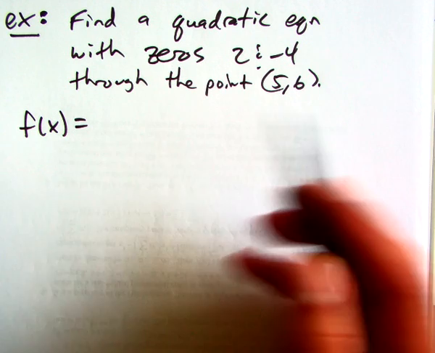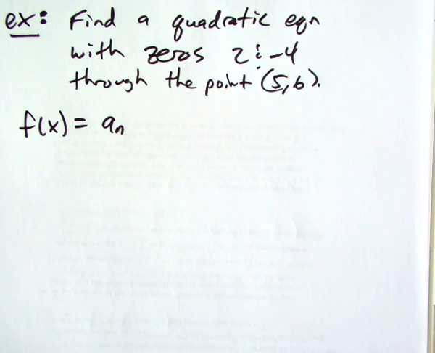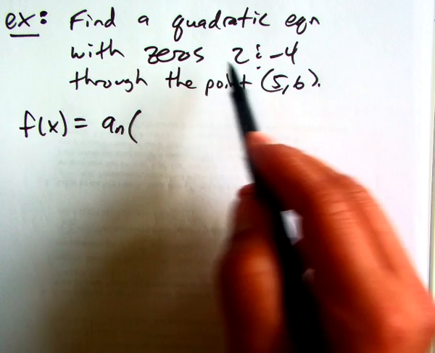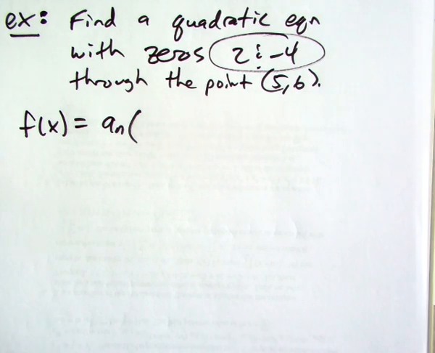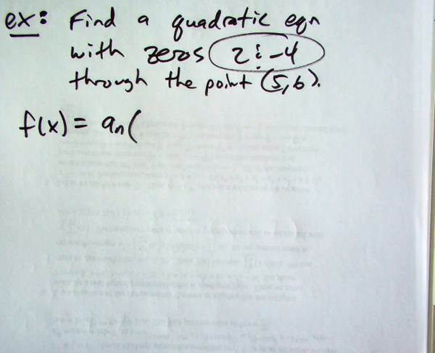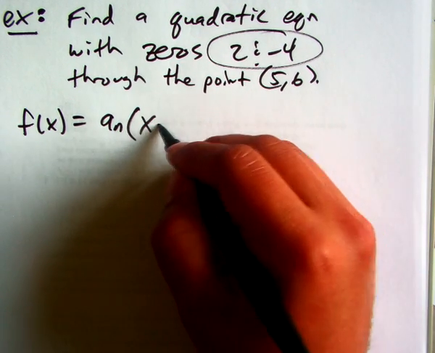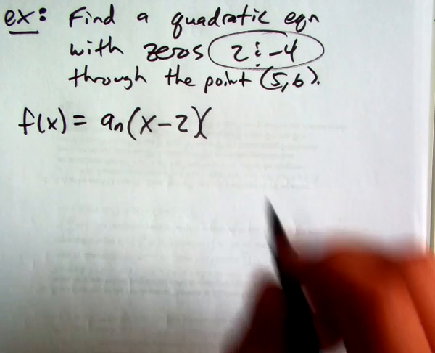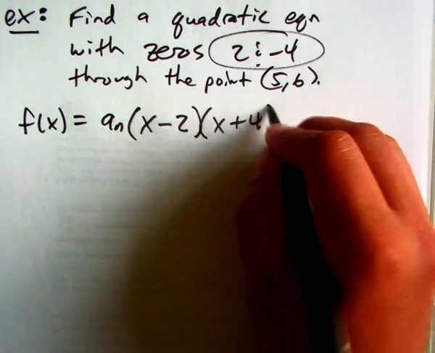We do not. So I'm going to write it down as just a sub n. But we do know these two zeros, which are synonymous with x minus 2 and x plus 4. So we know that these are the factors.